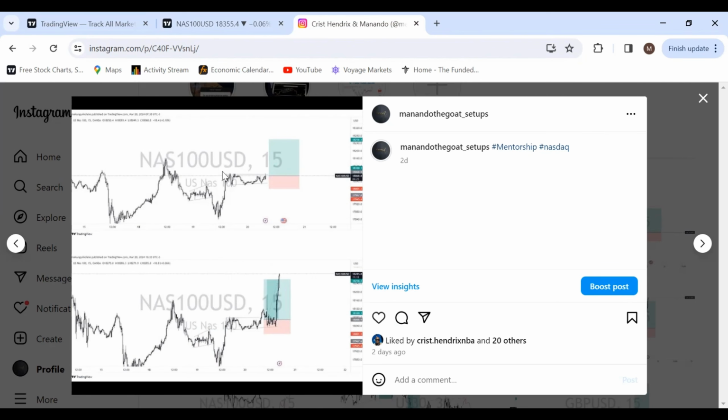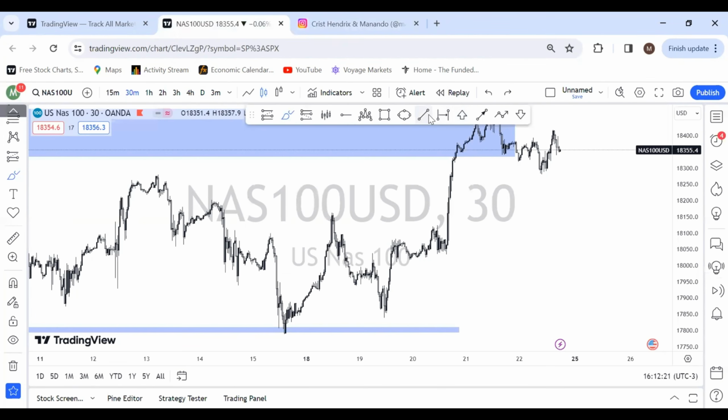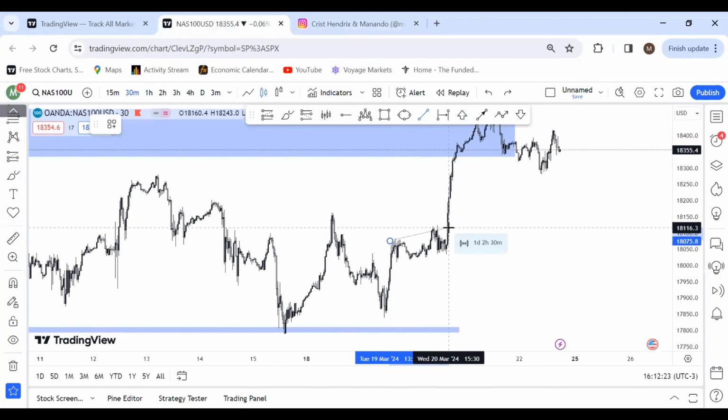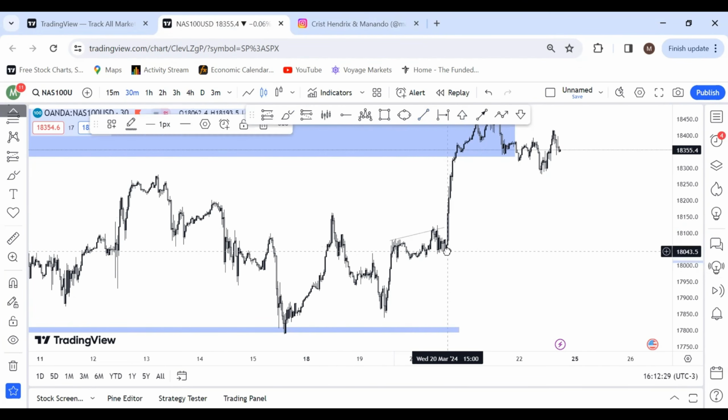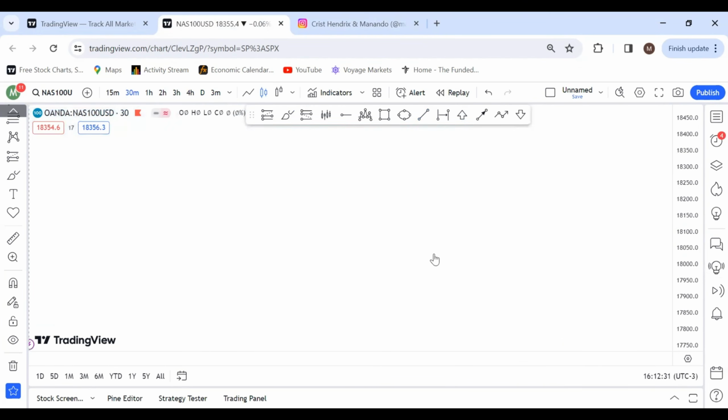Basically, we wanted to capitalize off that correction because we had a hint that it could be a continuation correction for the price to continue going up. So what you had to do there is get your parameters, which will be your resistance as well as your support.